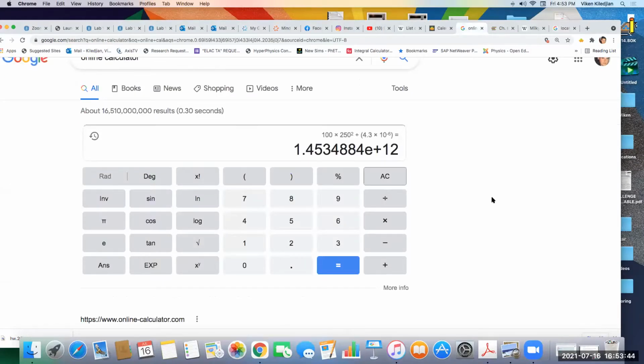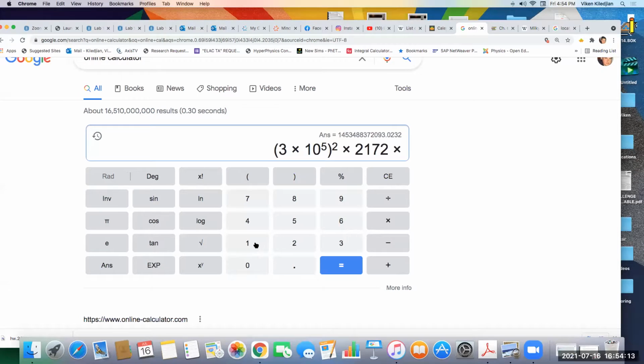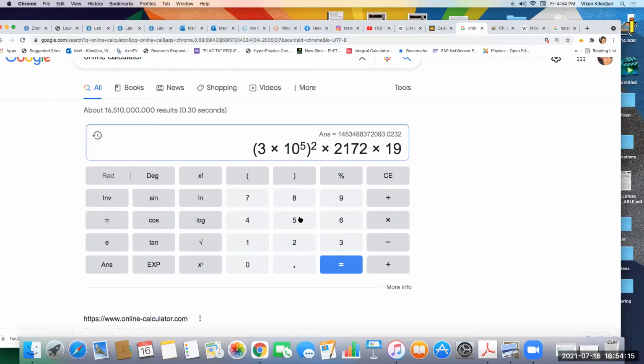Okay, our trusty calculator here. 3 times 10 to the 5th. I'm going to square that to the power 2. So that's c squared times, let's say it was 2172 arc seconds, and it was 1968 arc seconds.